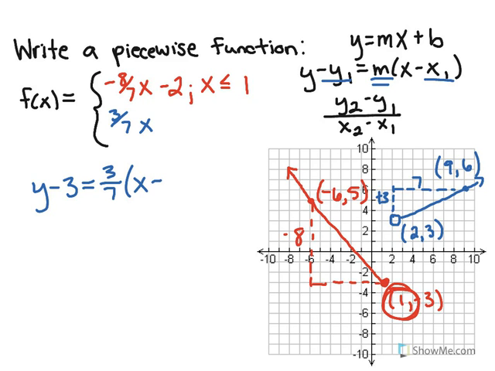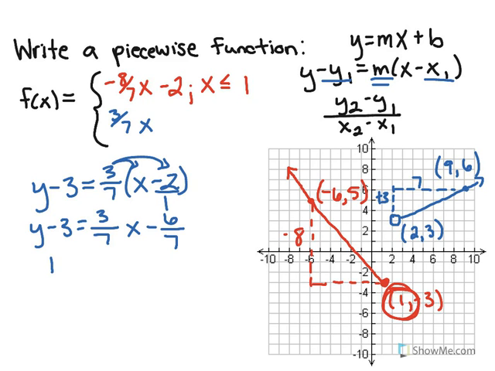So the x value that goes along with 3 was 2. Okay, so now I'm going to distribute the 3/7. So y minus 3 equals 3/7 x, and this is 2/1, so negative 6/7.